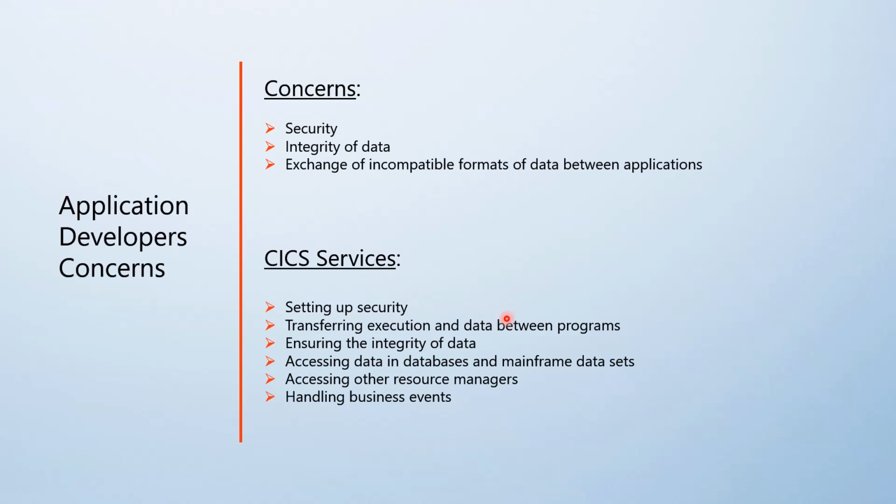Transferring execution and data between programs is important because, as we discussed, CICS is a mixed language transaction server. It has to call programs which are developed in different languages, and they have to exchange data among them.